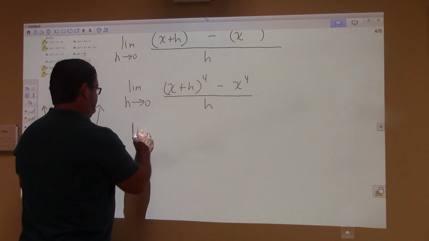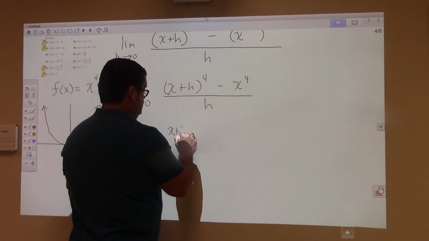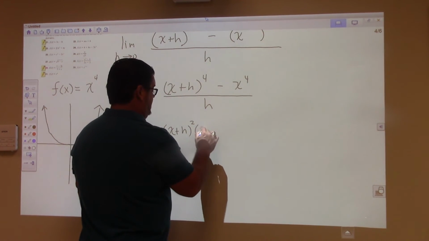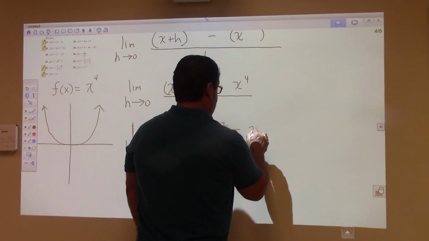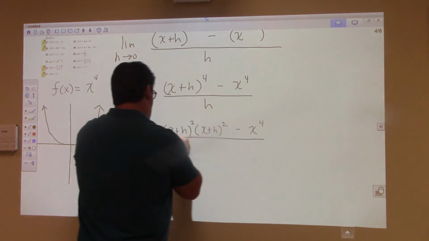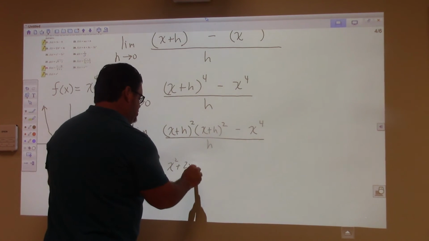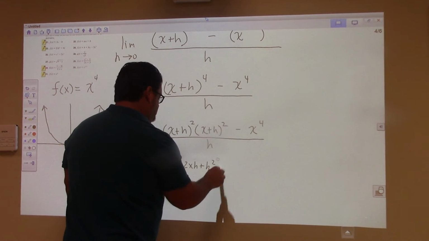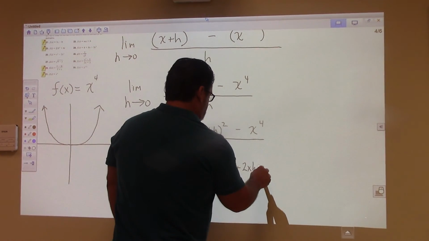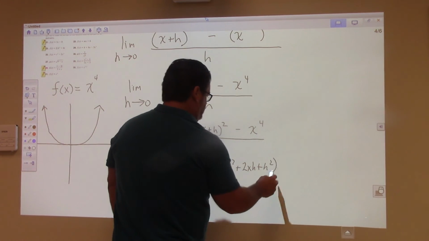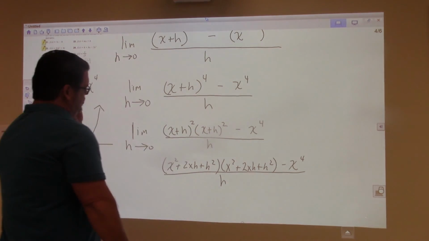Limit as h approaches 0 of x plus h quantity squared times x plus h quantity squared minus x to the fourth over h. That's x squared plus 2xh plus h squared times x squared plus 2xh plus h squared, minus x to the fourth, over h.